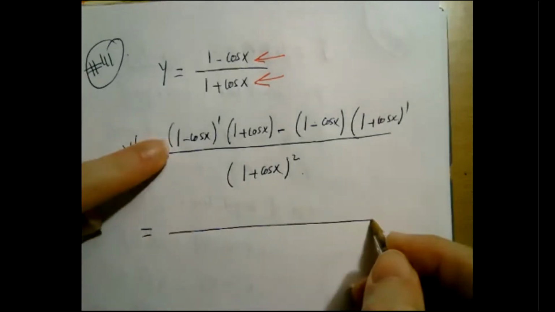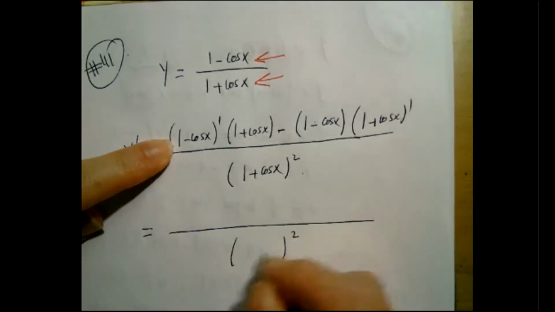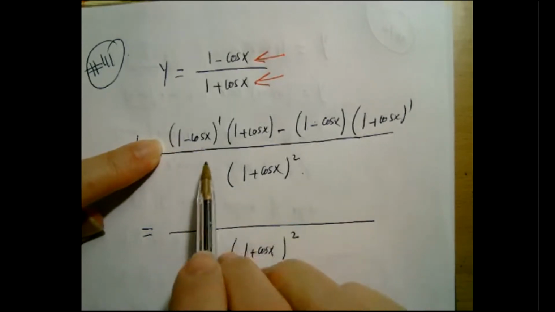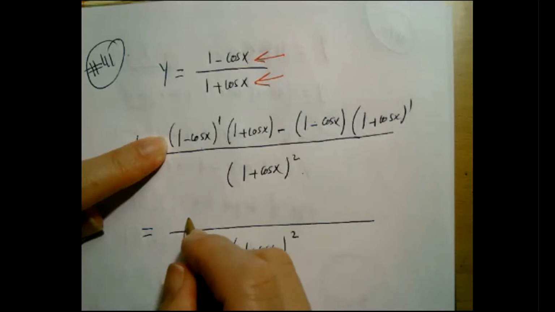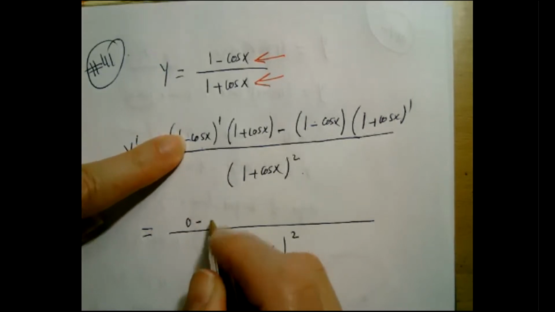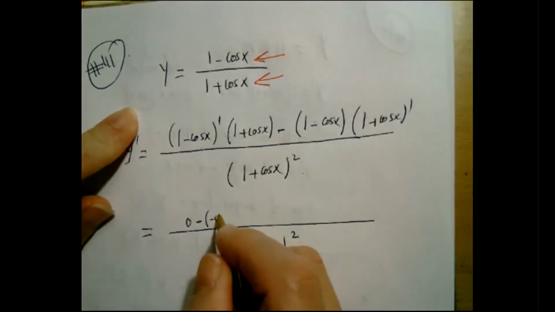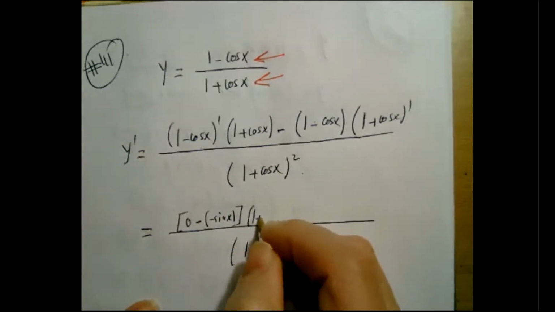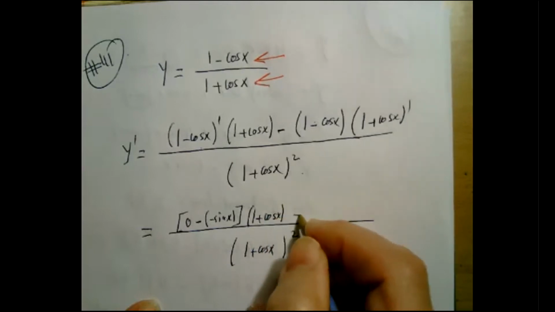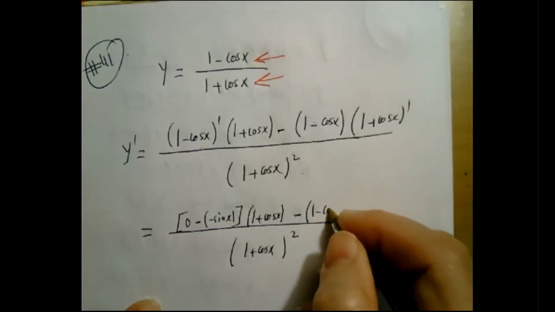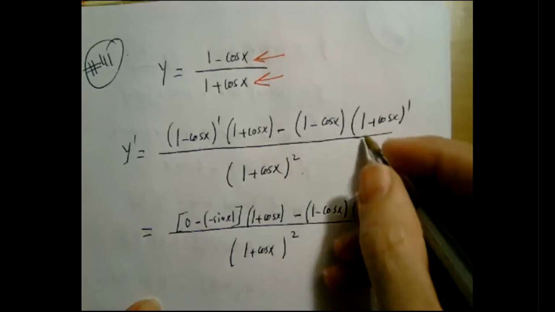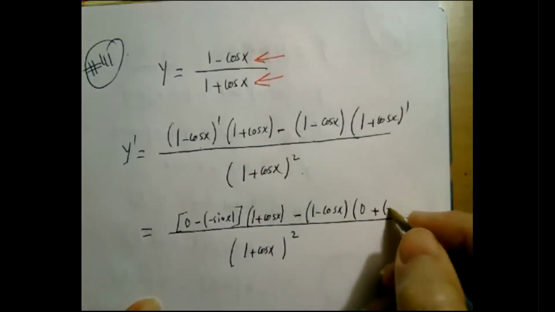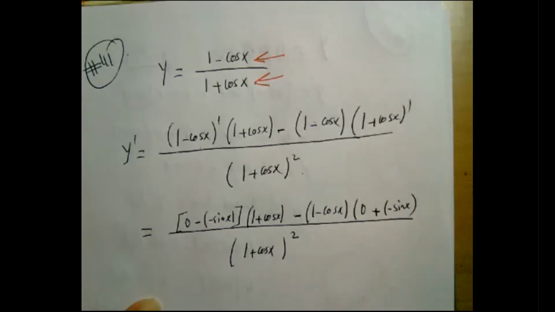So this would give me, this is (1 plus cosine x) squared. And now, derivative of 1 minus cosine. The derivative of 1 is 0. Minus derivative of cosine is the minus sine. I will have that times 1 plus cosine, minus 1 minus cosine times derivative of 1 is 0 plus derivative of cosine is minus sine.